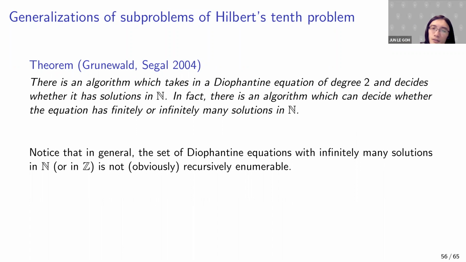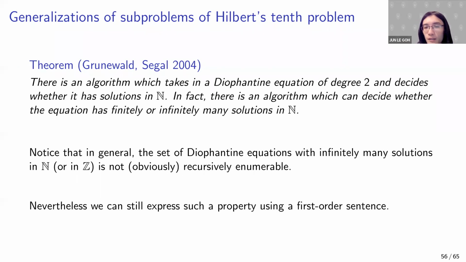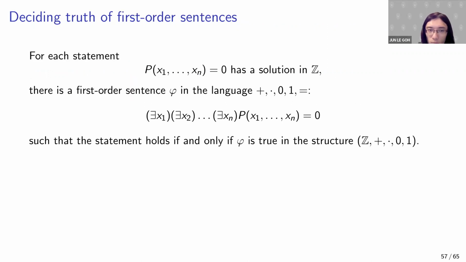However, this question can still be expressed in the larger framework of a first order sentence. Here I'm assuming that you have some knowledge of first order logic, and we're going to say a bit more about what first order logic has to do with these things. So what do I mean by this?